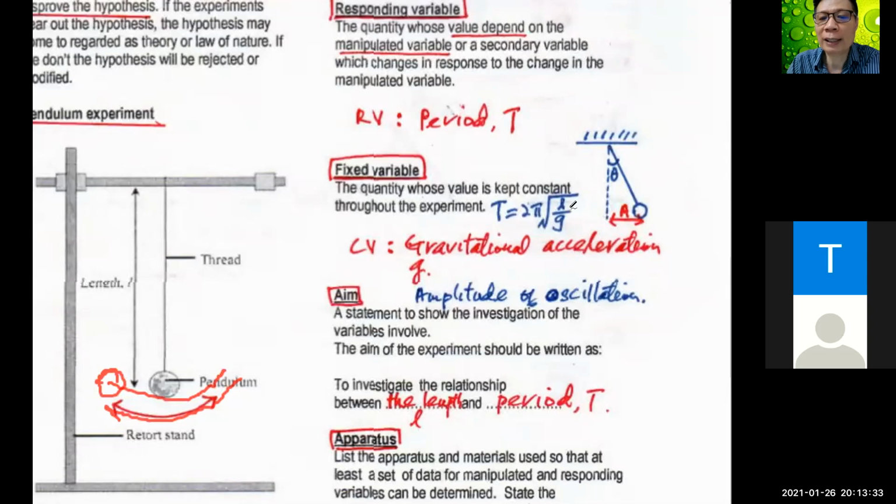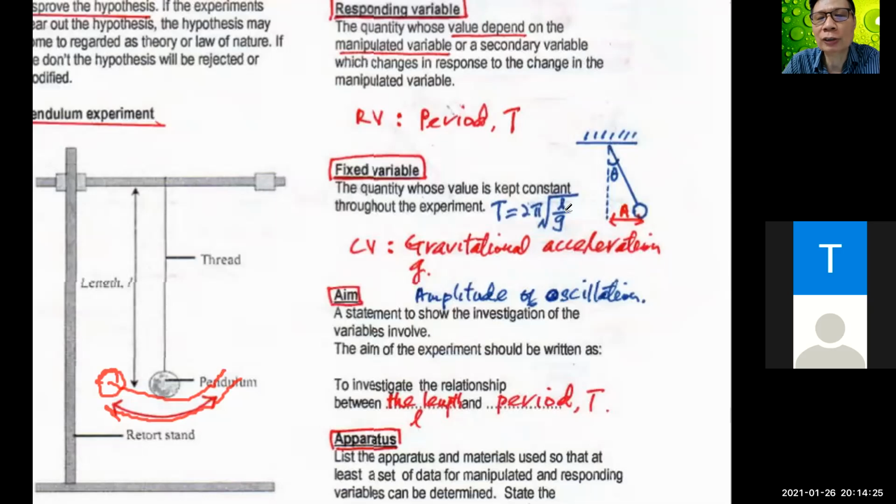When you look at this formula, what will affect the period? Only these two, length and gravity G. Pi has no effect because it is a constant, a fixed number. So only these two things will affect the period of oscillation. You see, mass is not in the formula. So the thing that affects the period is the length of the string and also gravity, as we discussed. Remember, mass is not inside the formula. This formula is proven correct.